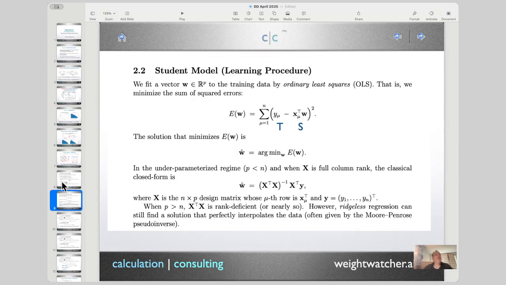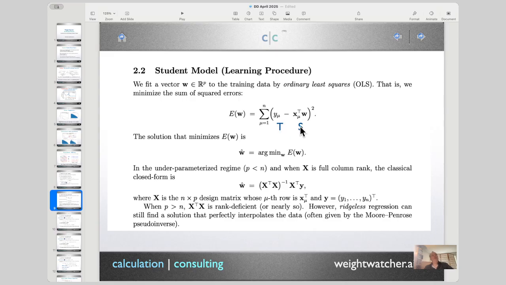So this is a classic linear regression problem. The way you solve it, typically, is I'm going to minimize the error between my prediction and what I'm trying to optimize for W, and this is my loss function. So we fit the vector to the training data using ordinary least squares, that is, we minimize the sum of the squared error.